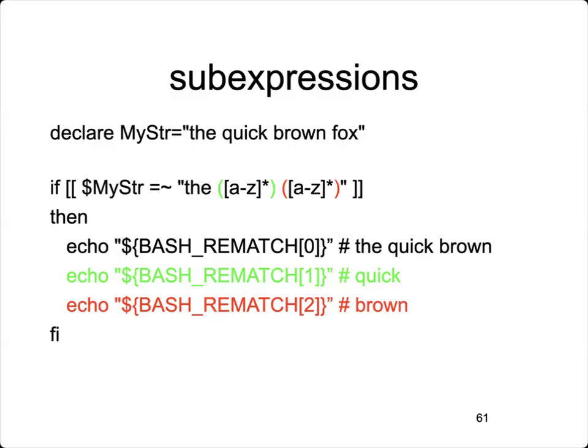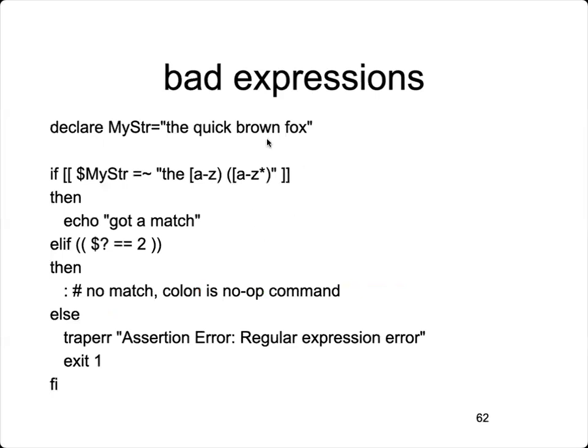So that's how to use sub-expressions, but let's talk a little bit more about the pitfalls of the regular expression here, how it's used. When I wrote this, I used a lot of Perl. Perl has really good regular expression handling. One thing I noticed was that Perl would complain if I handed it a bad regular expression, and Bash would not complain.